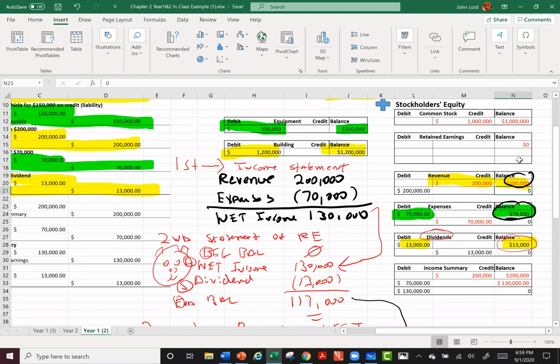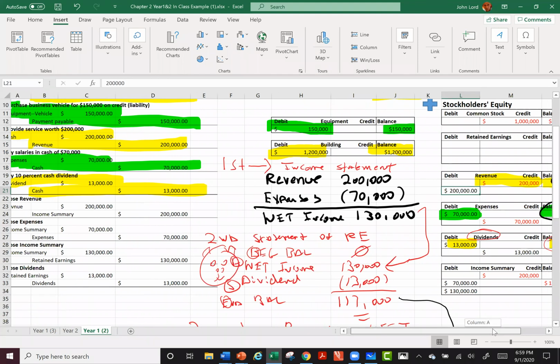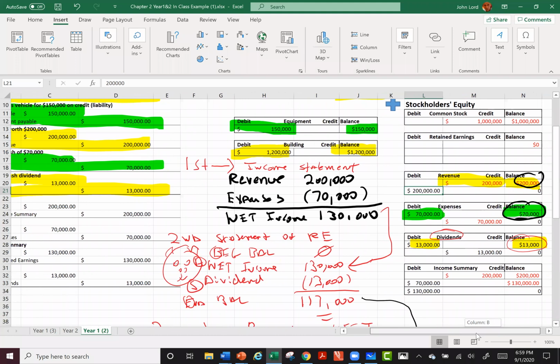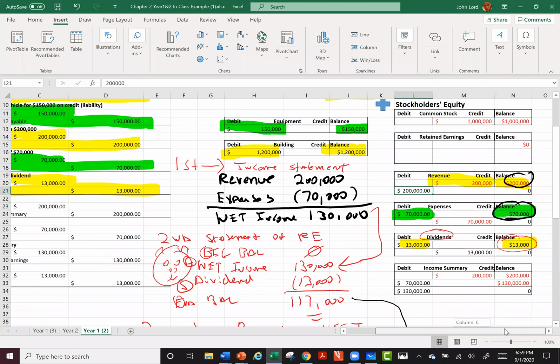Did I accomplish my objective? I posted my debit over here, 200,000, and that put it back to zero. Is that what I wanted?